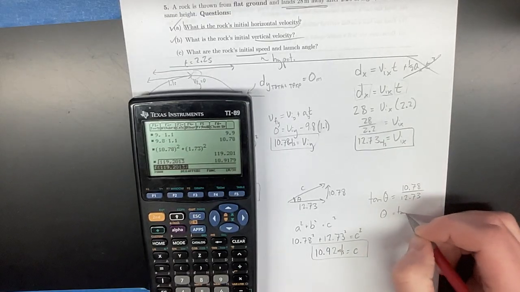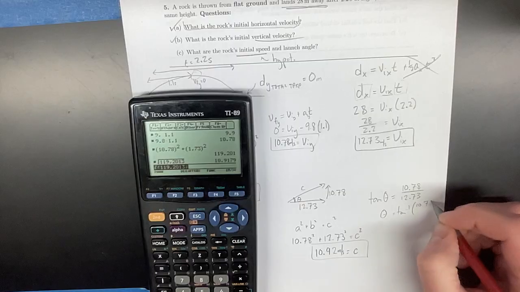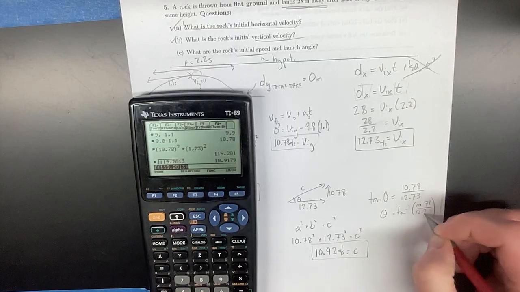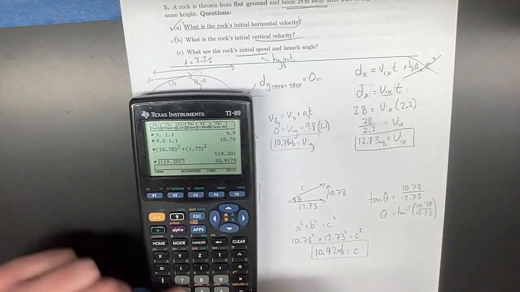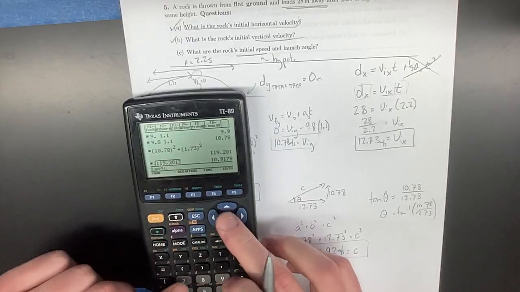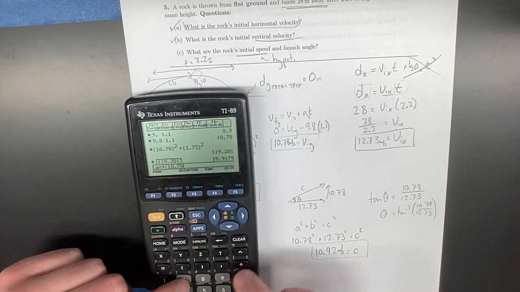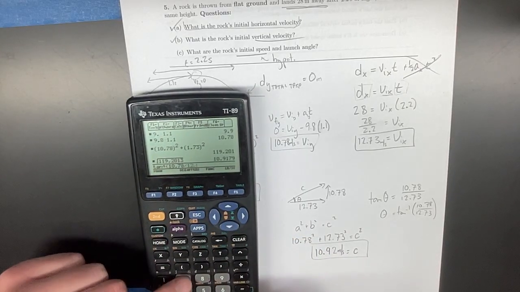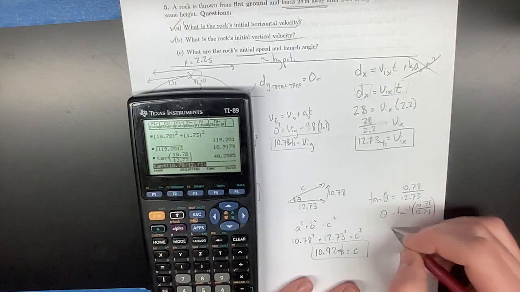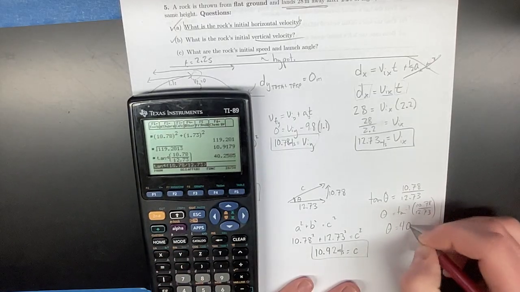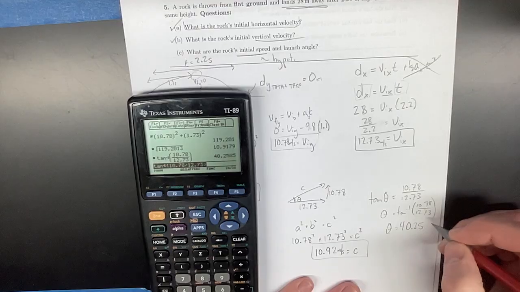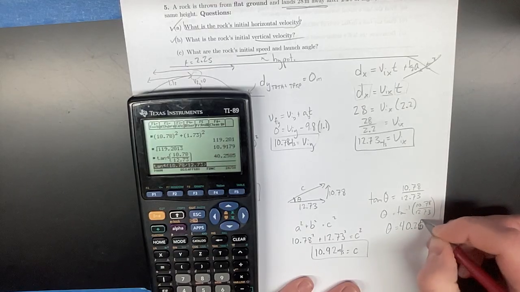So theta is the inverse tangent, 10.78 all over 12.73. Hmm, 40.2 degrees. Sure, why not?